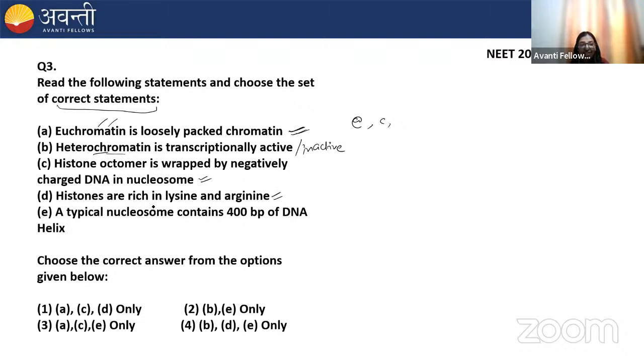Yes, histones are rich in basic amino acids like lysine and arginine. So D is correct. A typical nucleosome contains 400 base pairs of DNA helix. No, it contains 200 base pairs. So E is wrong and B is wrong. So A, C, and D are correct. So option 1 is correct, A, C, D only. I hope it is clear to everyone.